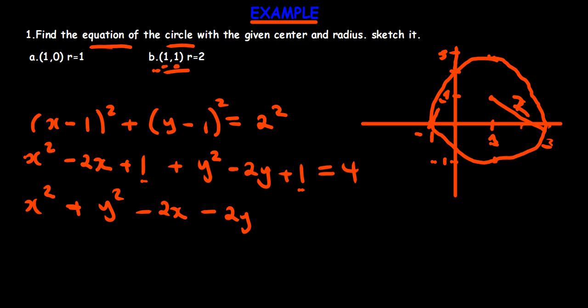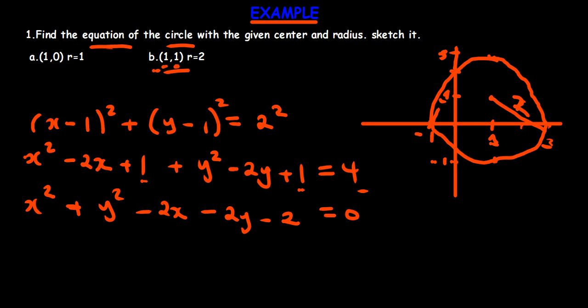But then here minus 4, when 4 comes to the other side, the additive inverse. So that will be 2, that will be minus 2 is equal to 0. So you write it in this form.